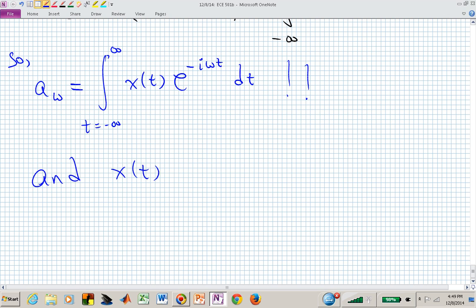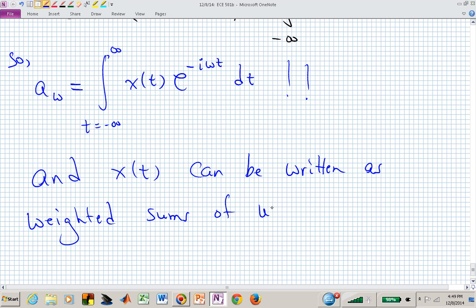So now we have a way of rewriting x of t in terms of these eigenfunctions and these coefficients a sub w. And x of t can be written as weighted sums of these, let's say, u sub w's.